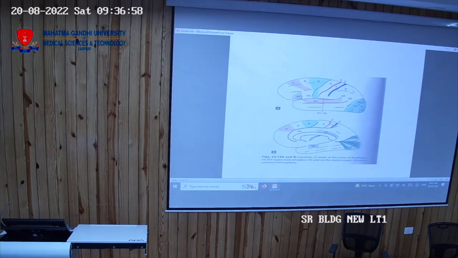Not only the sound, he can also judge the sound quality and the pitch. So areas 41 and 42 are the primary auditory area. Below this area there is area number 22, which is called the secondary auditory area.